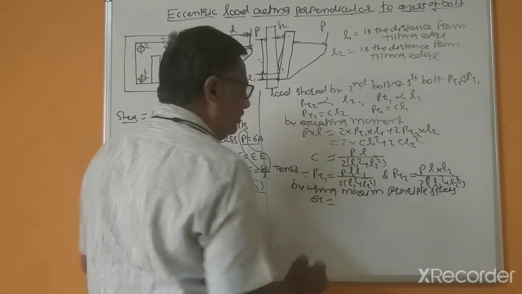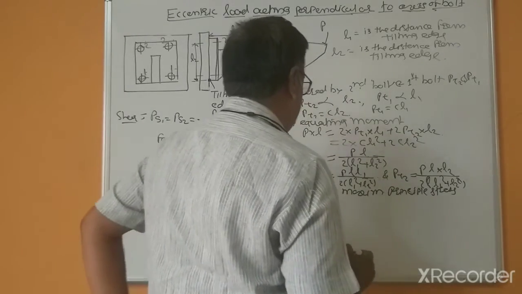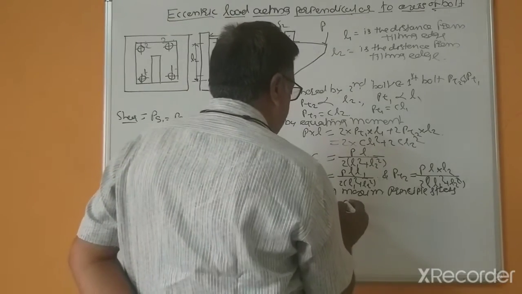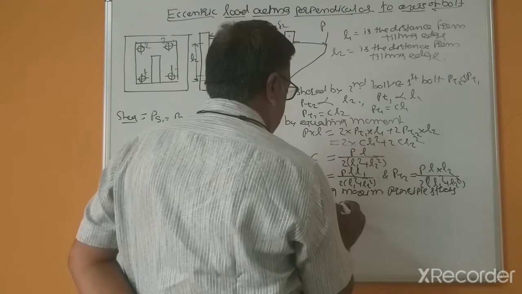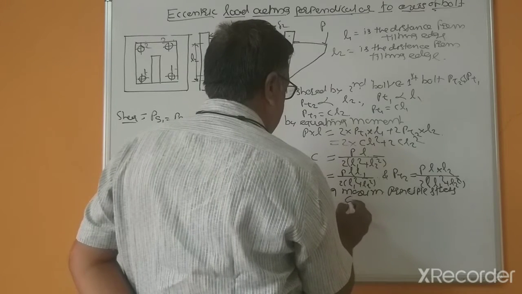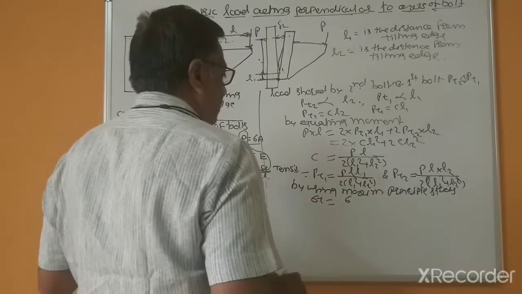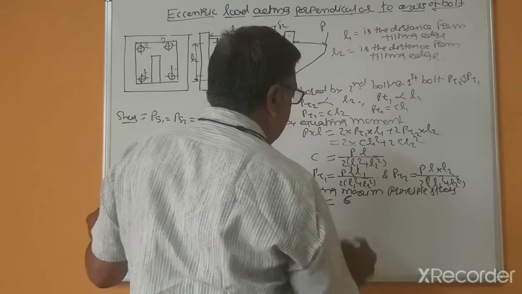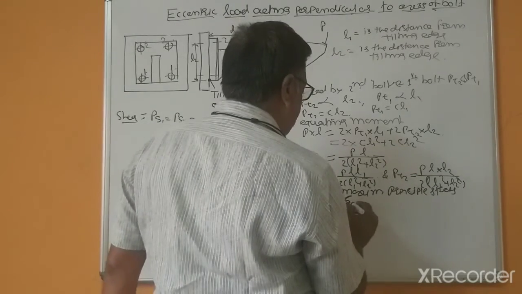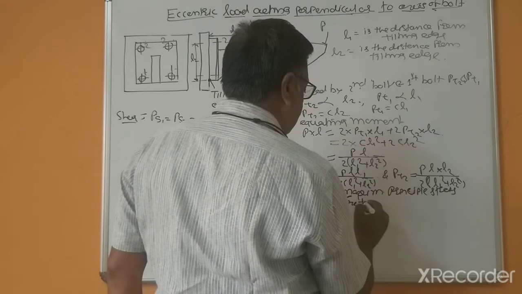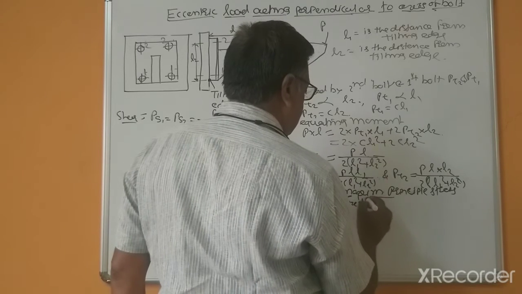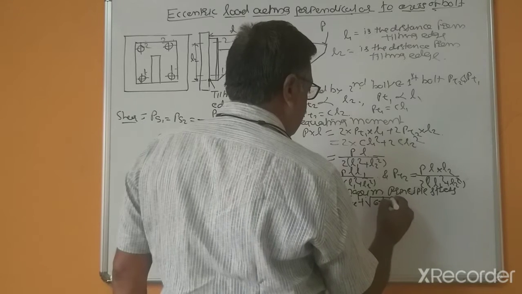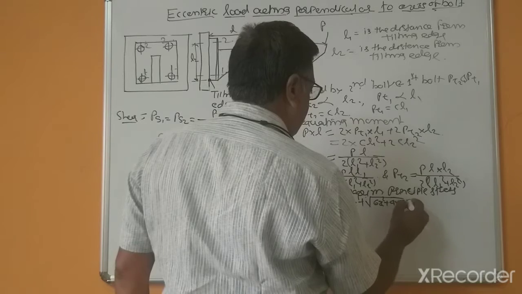sigma T equal to, you can put, this is direct stress. Now sigma T equal to sigma x divided by 2 plus half square root of sigma x square plus 4 tau square.